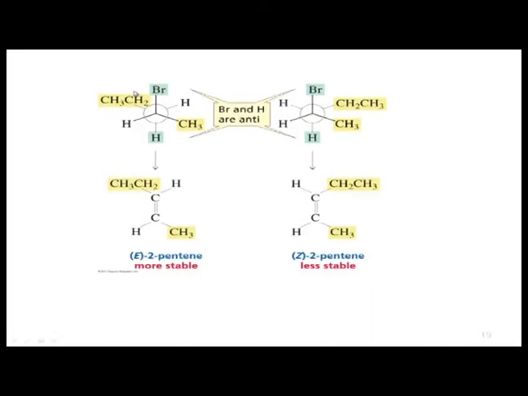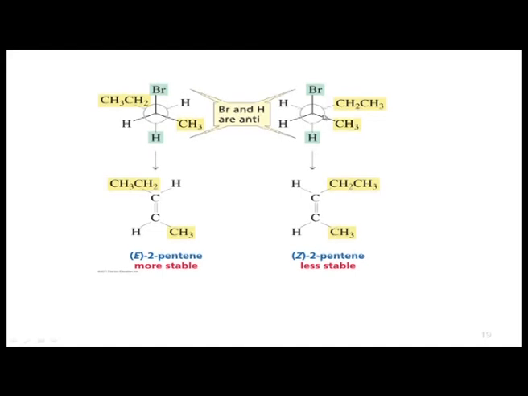But you can draw another conformation in which the hydrogen and bromine are again in the anti position by doing a 120-degree rotation. So, if you do a 120-degree rotation, methyl will come here, this hydrogen will come here and this hydrogen will go there, but still you have an anti periplanar relationship.